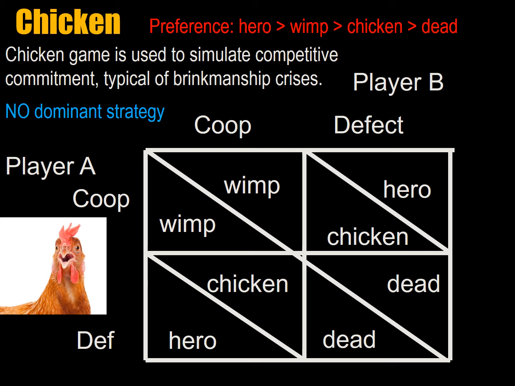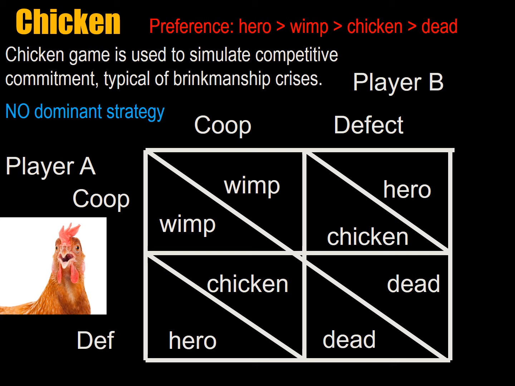So the preference ordering is hero first, where you drive the car down the center of the road regardless, then wimp, then chicken, and the worst possible outcome is death, where two cars drive into each other in the middle of the road. In order to be a hero, you must risk death.